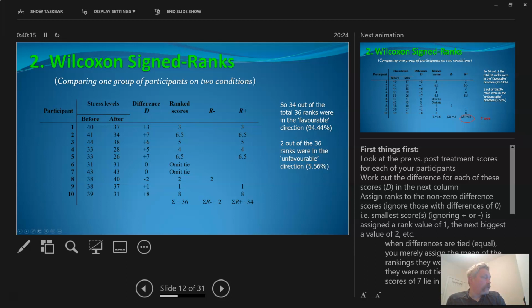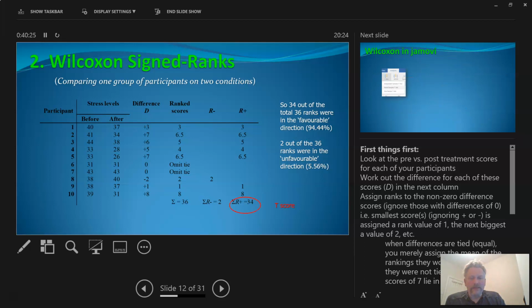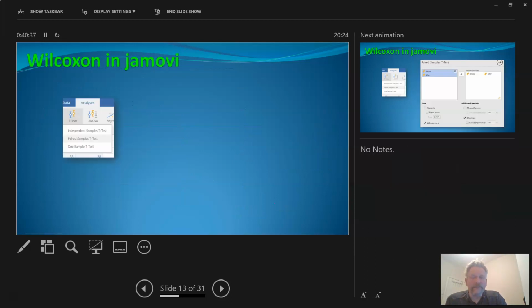Whereas 2 out of the 36 were in the unfavourable, so people's stress levels went higher. I'll come back to those in a second. So what we can do here is just put a circle around the highest total rank score that we've got, and that is our test statistic, our t-score.